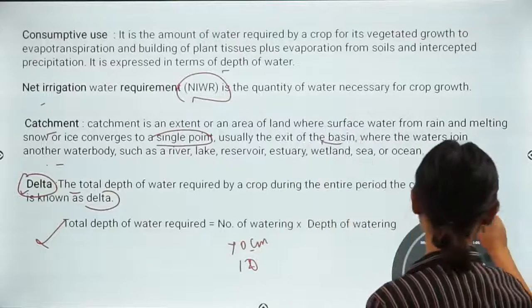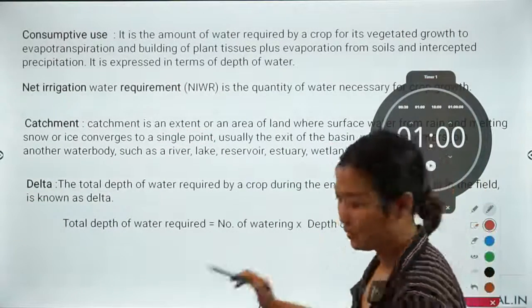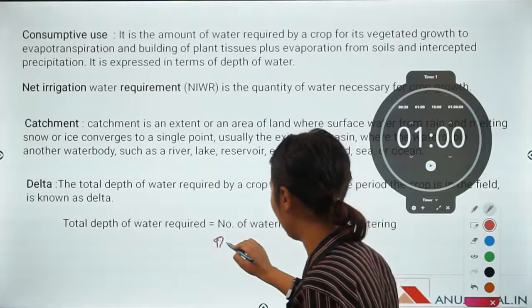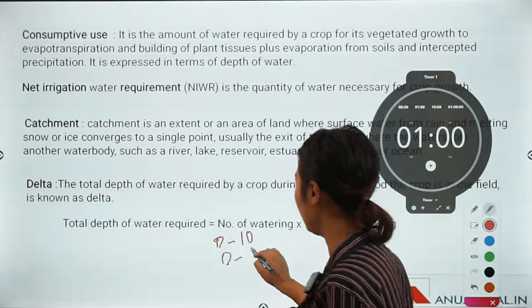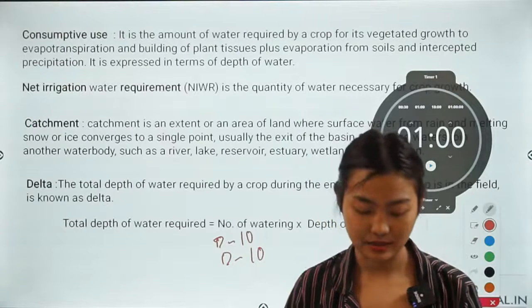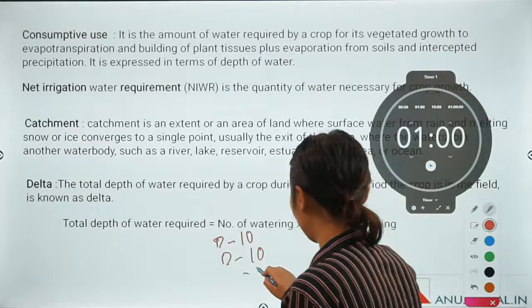Let me rephrase. The depth we need is about 10 centimeters, and the interval is 12 days, and the total cropping period of the rice is 120 days.